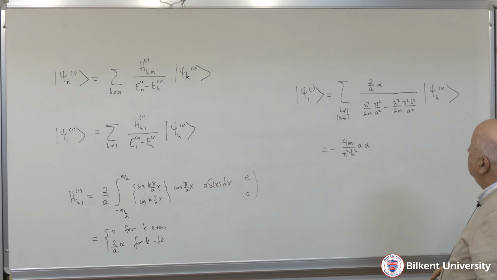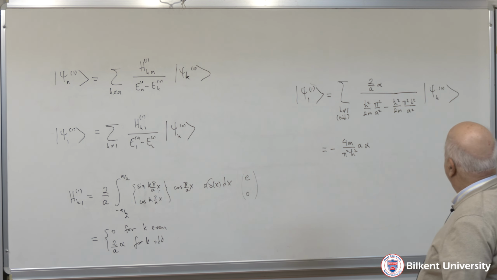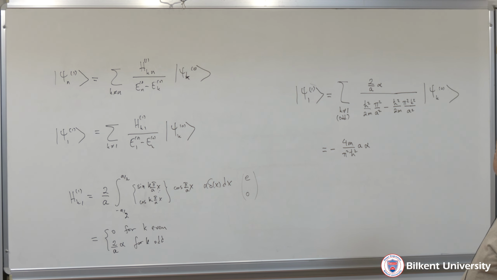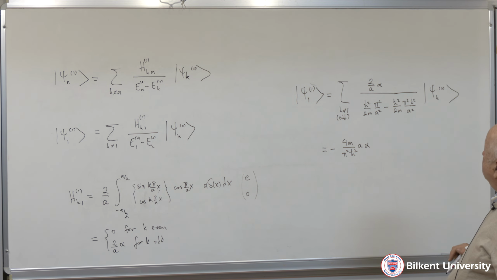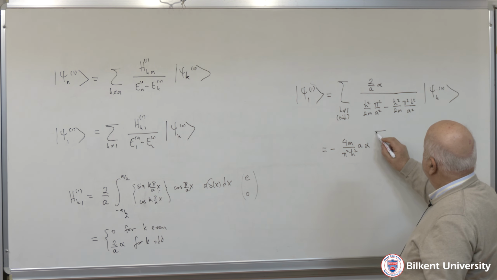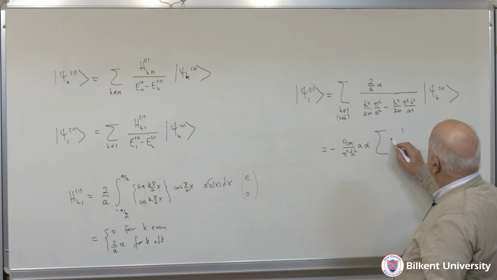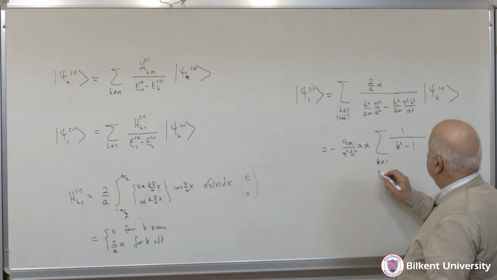Why did we add k squared to the energy term? It's Ek, but k squared is the correct one for the kth energy level. So I'll put a minus sign in front so that I get something which is positive. So it's going to be 1 over k squared minus 1, with k not equal to 1 and also odd.